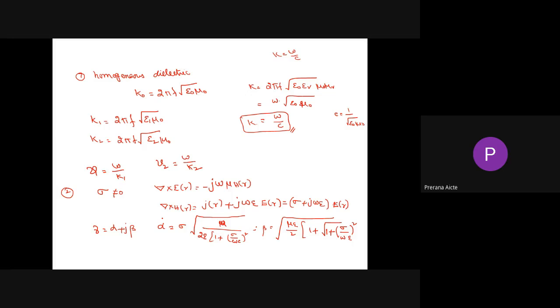Next, two approximations are frequently used.